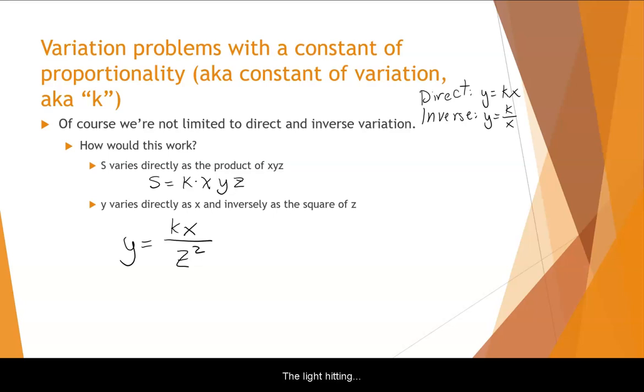The light from stars follows something called the inverse square law, which is that light decreases inversely by the distance squared, not just by the distance.